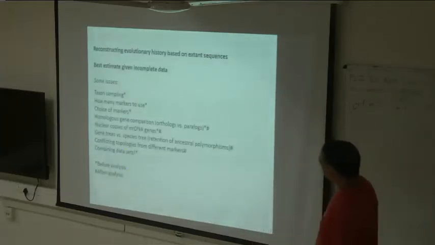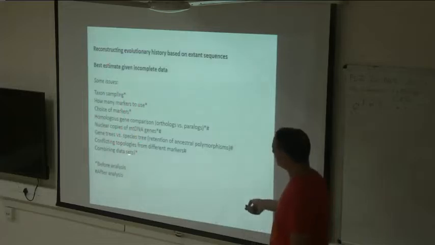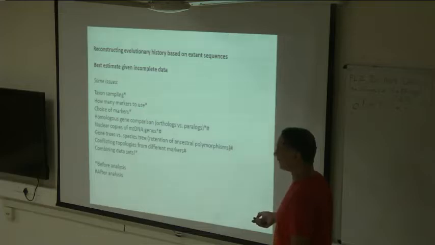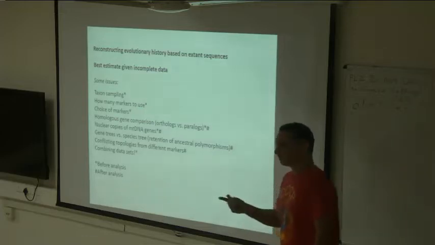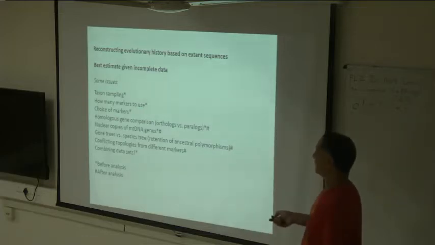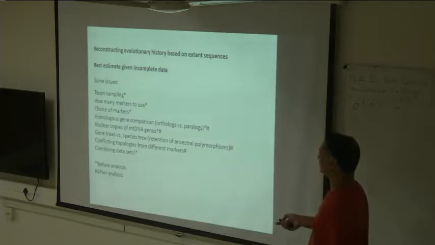All right. So I talked about all of this. Well, I have not talked about taxon sampling yet. We talked about choice of markers, homologous gene comparisons, nuclear copies, gene trees versus species trees, conflicts that can arise across different trees and genes.